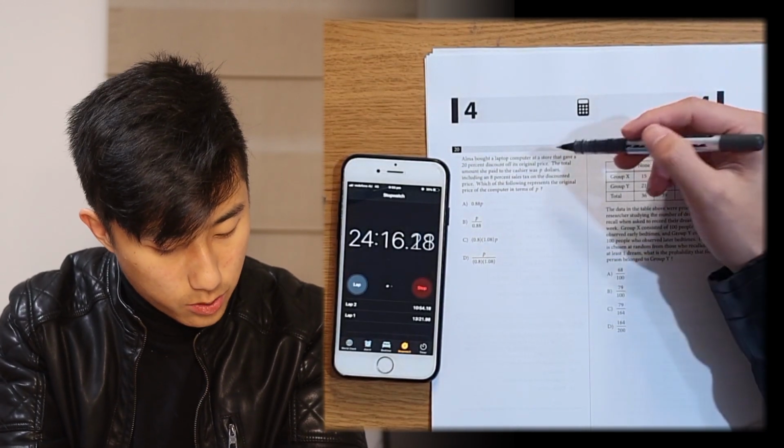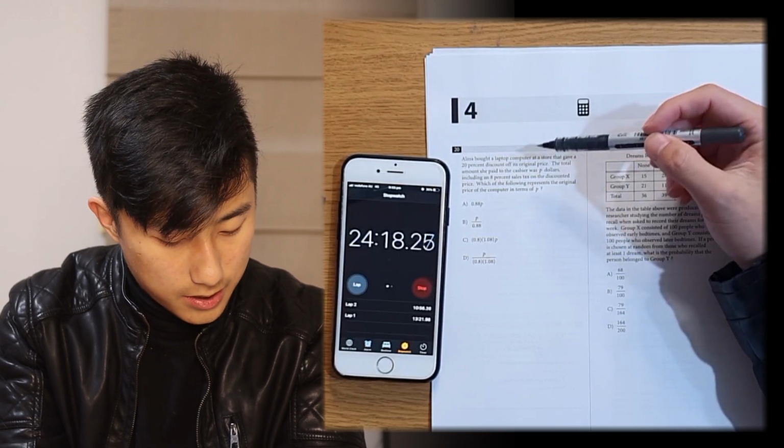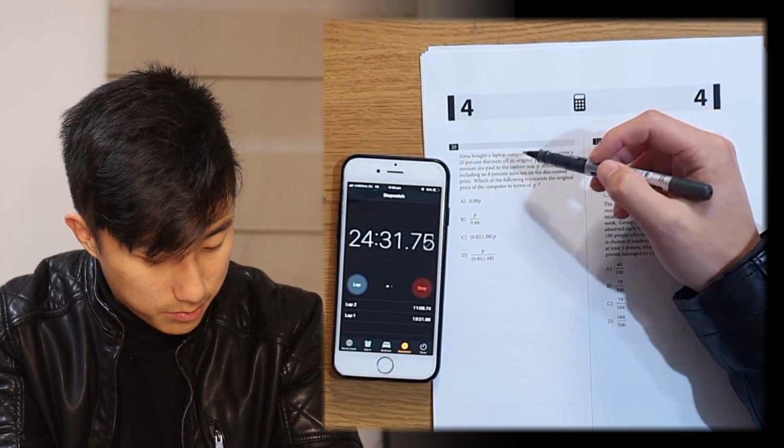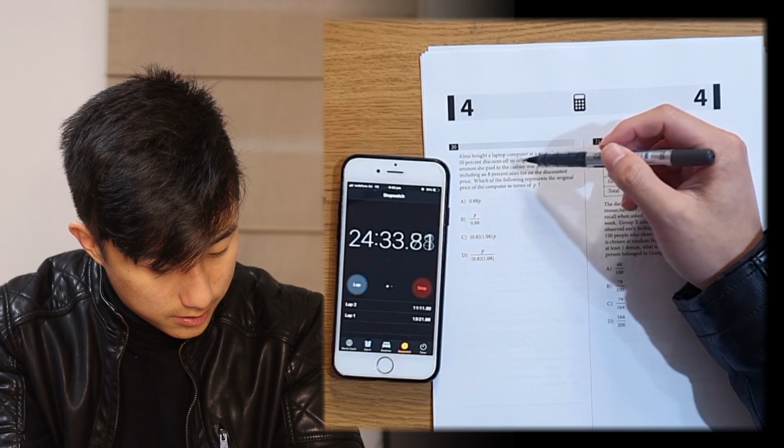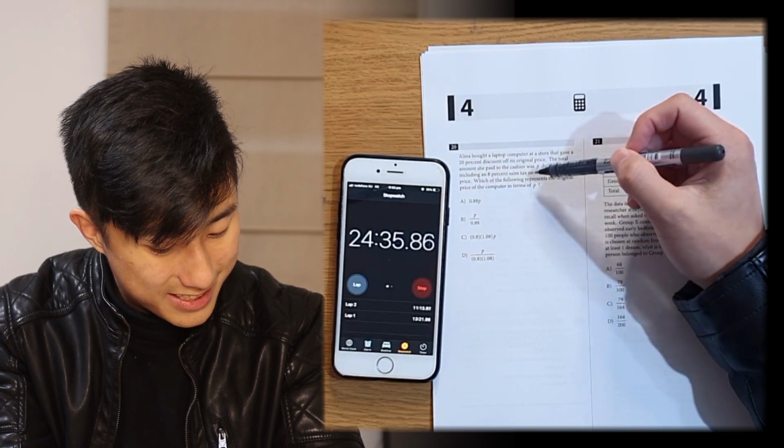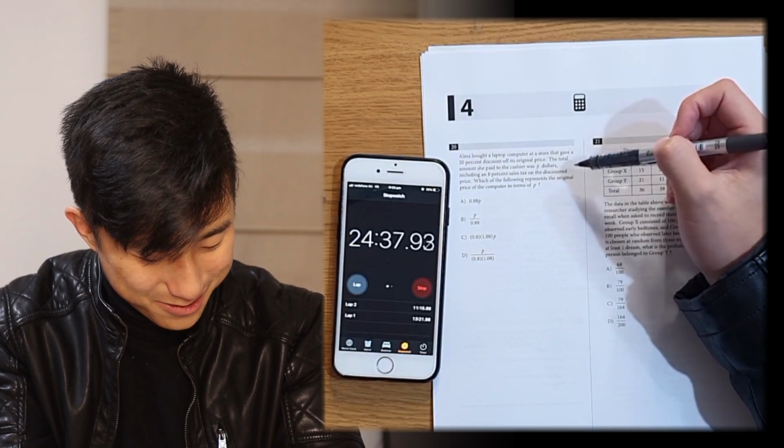Now for question 20. Now I've got a computer, 20% discount, P dollars, 8% sales tax on the discounted price.